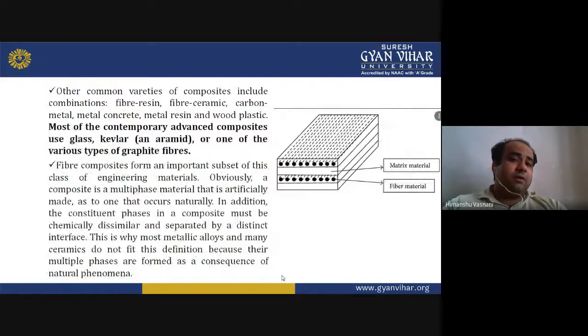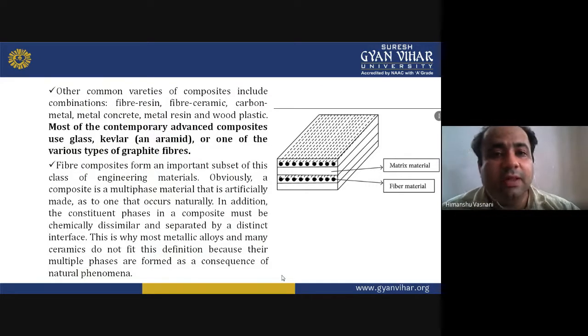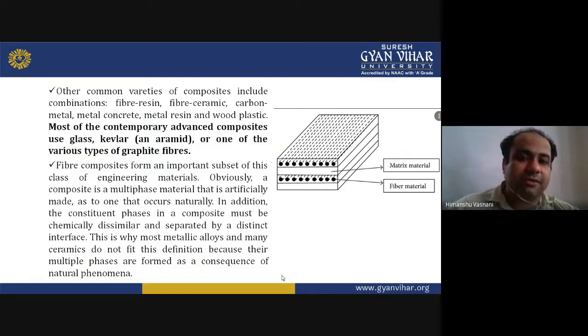Other common varieties of composites include combinations like fiber resins, fiber ceramic, carbon metal, metal concrete, metal resins, and wood plastic.